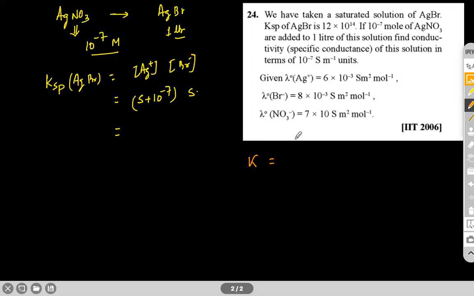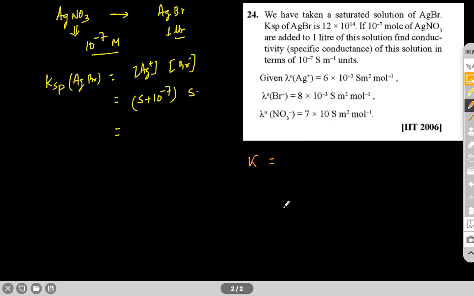We have Ag plus, Br minus, and NO3 minus.